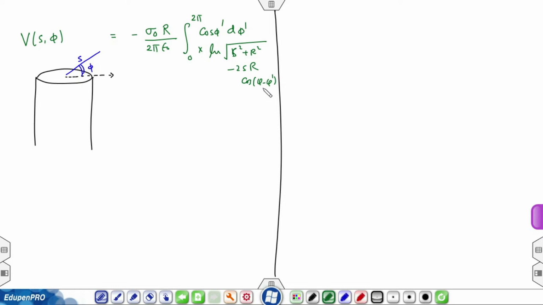I can make my life a little easy if I look at this integral in a slightly different way. What I am going to do, just like we did for the spherical case, is take this cylinder and actually consider the point where I am calculating the potential as the x axis, so that the point about which the charge is symmetric or has that cosine phi distribution is at an angle phi from this.